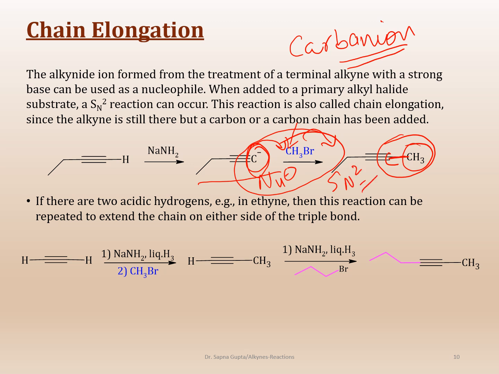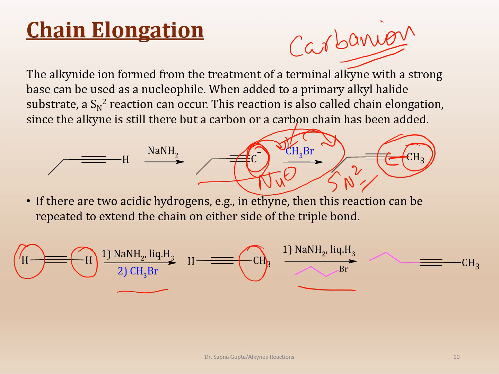Depending on the kind of substrate you have, remember all the conditions we've talked about for an SN2 reaction: your substrate needs to be a primary halide, and those kinds of things are all needed here. If you have two acidic protons, then you can do this reaction twice.